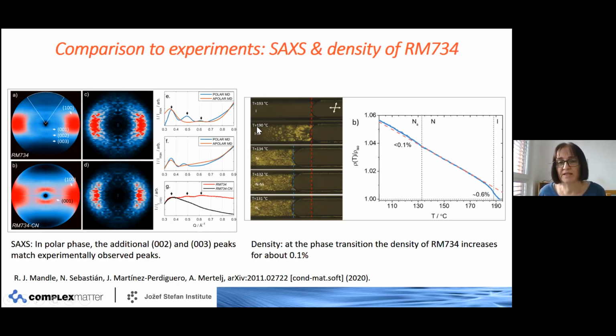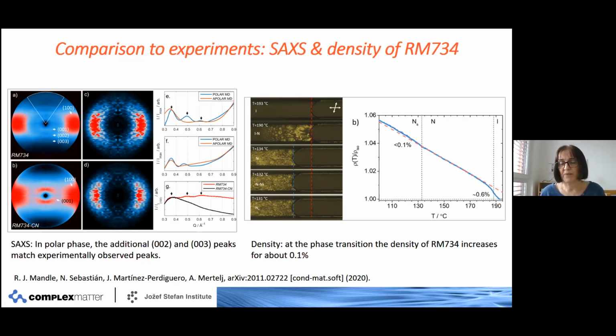We also measured the relative density changes of the RM734 by placing it in a long rectangular capillary and measuring the length of the material when the temperature is changing. And indeed, we observed a jump at the phase transition between the usual nematic phase and the ferroelectric phase, which is very small, 0.1%, which is smaller than the difference between the polar and apolar molecular dynamics simulations.